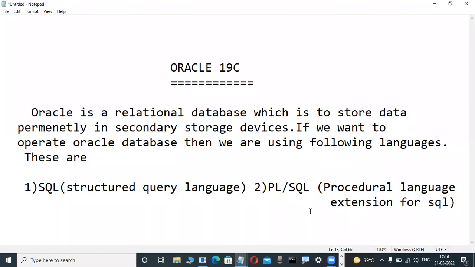PLSQL, procedural language extension for SQL. Third one, these three languages we learn in our course: Dynamic SQL.